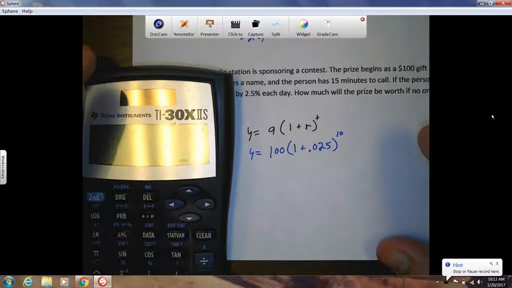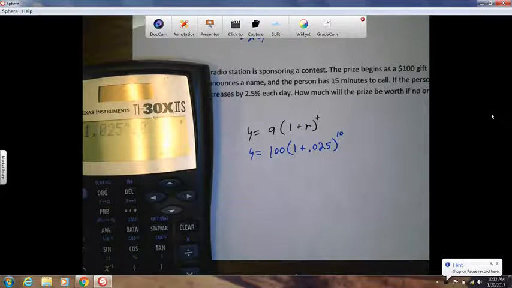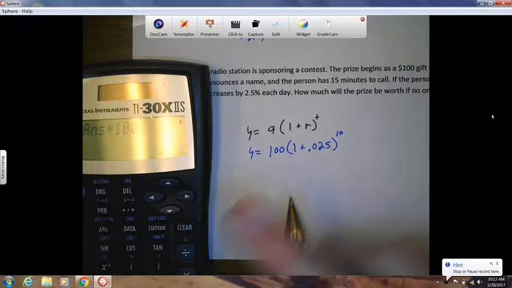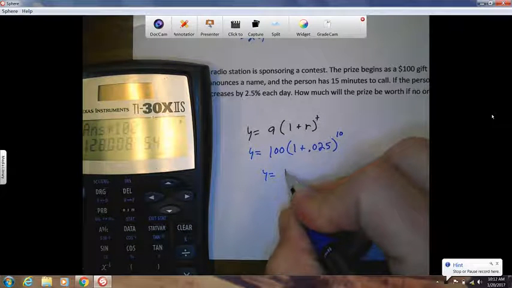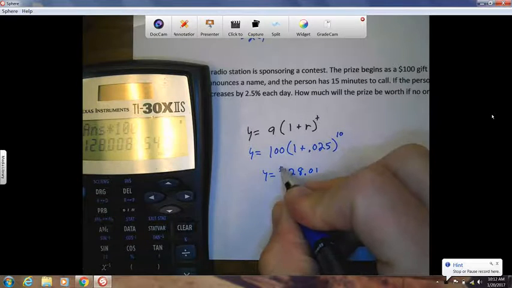So 1.025, so I add those together. Take it to the power, so that's to the 10th. And then multiply by 100. And then I round it to the nearest cent.